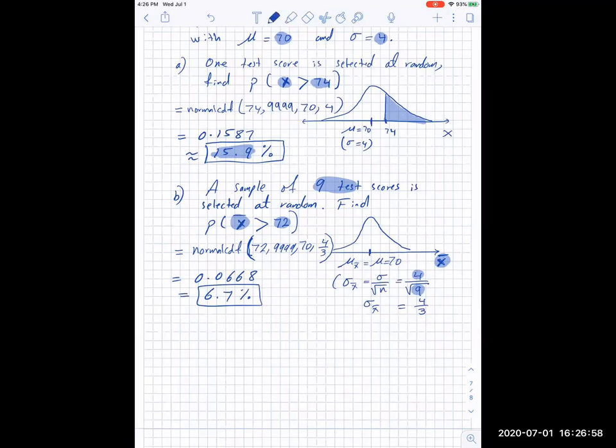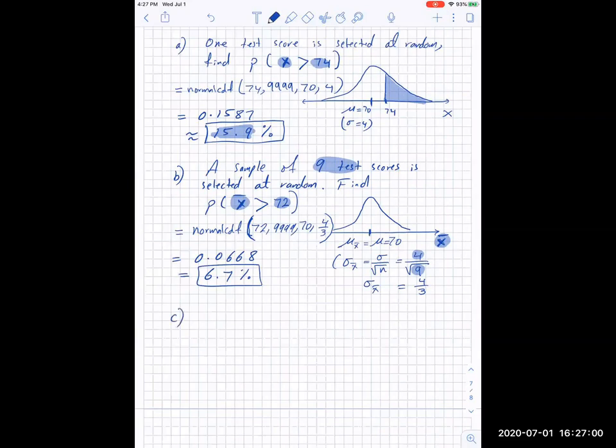One more example on this. A sample of 16 test scores is selected at random.